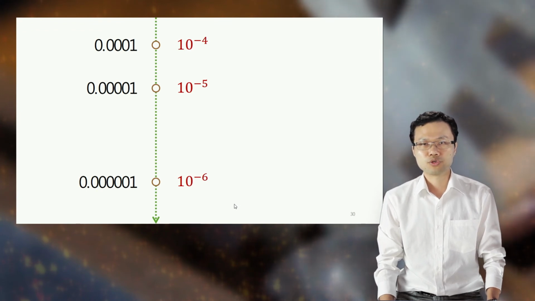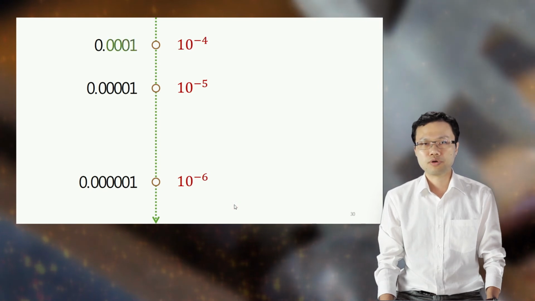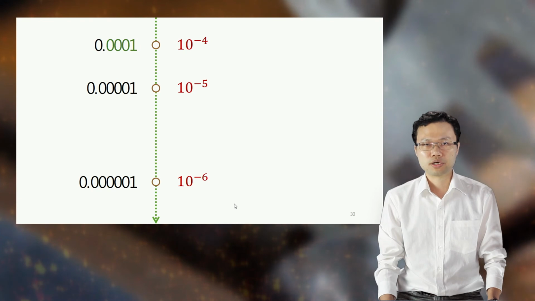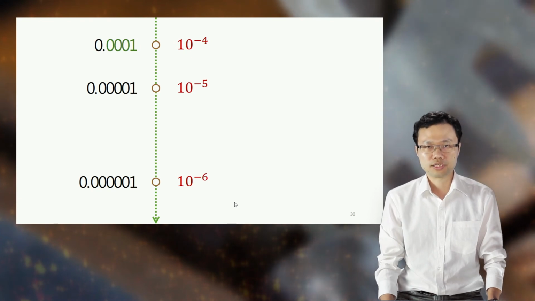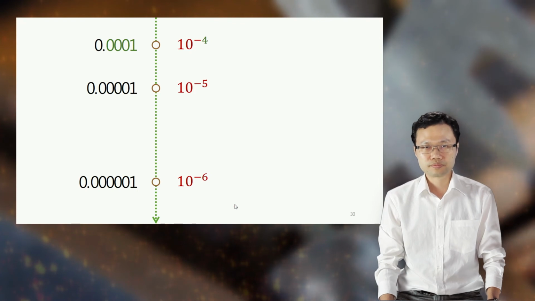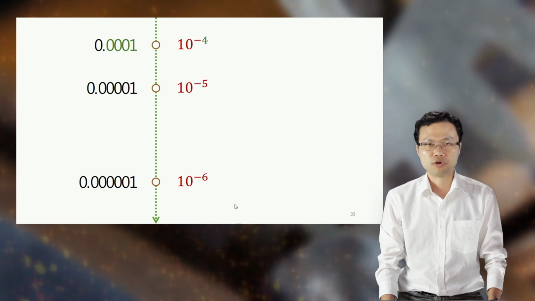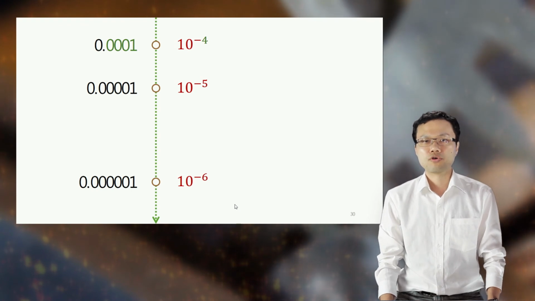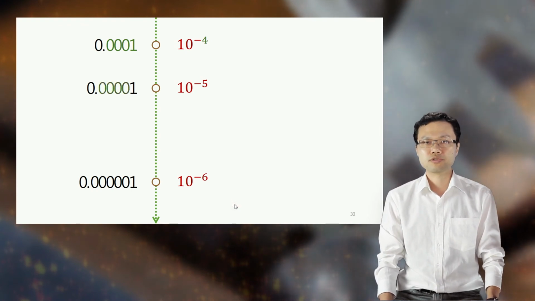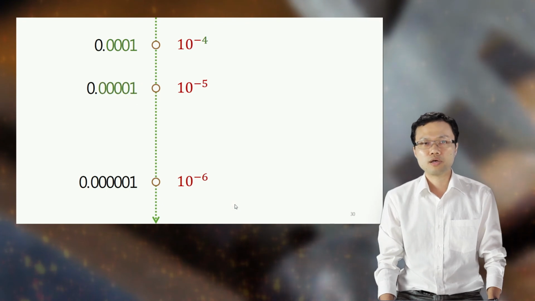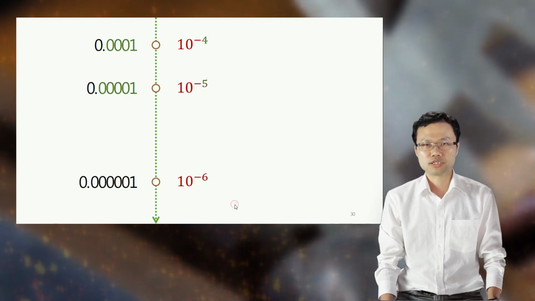How does the notation work for small numbers? For 0.0001, we have 3 zeros after the decimal point, and 1 is in the 4th digit. So, we get 10 to the power of minus 4. For 0.00001, 1 is in the 5th digit after the decimal point.